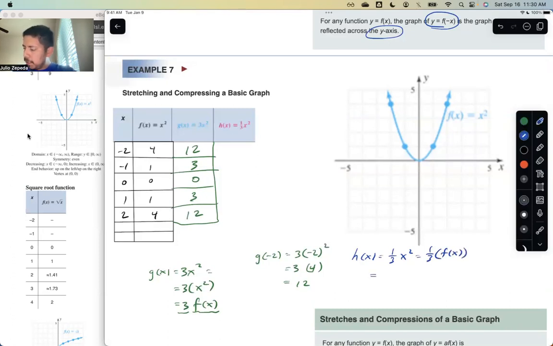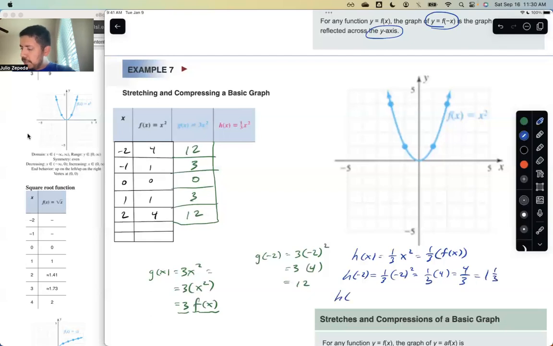So if we plug in, let's do h of -2, 1/3 of -2 squared, that's going to be 1/3 times 4, which is 4/3, which is 1 and 1/3.